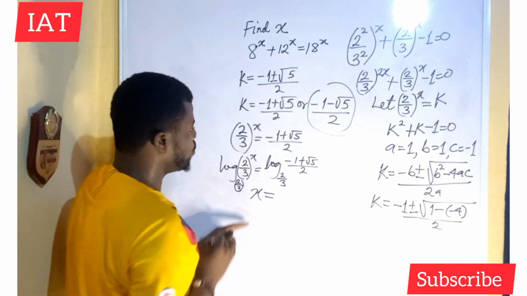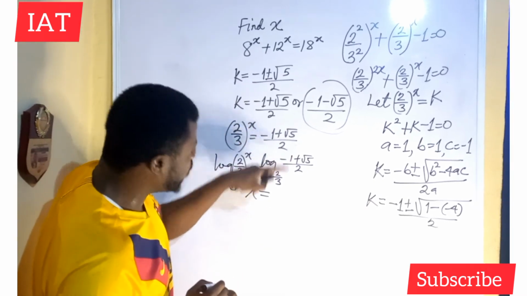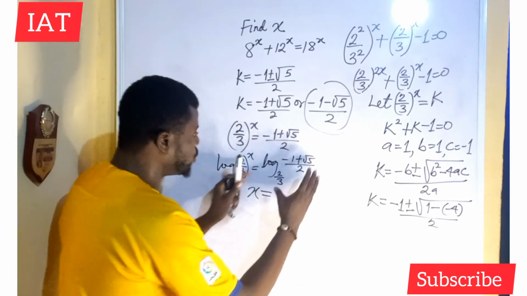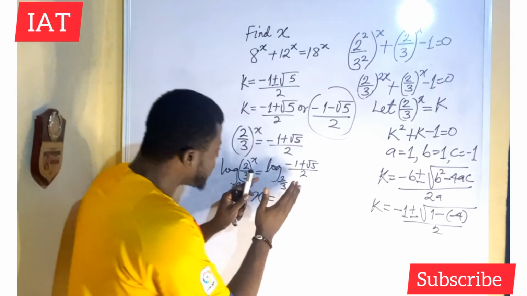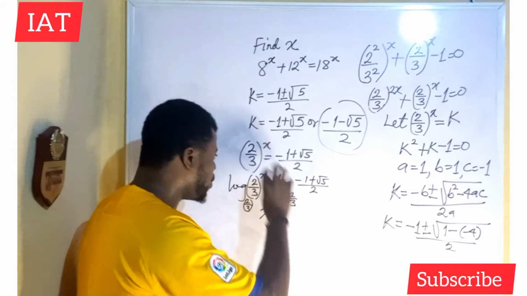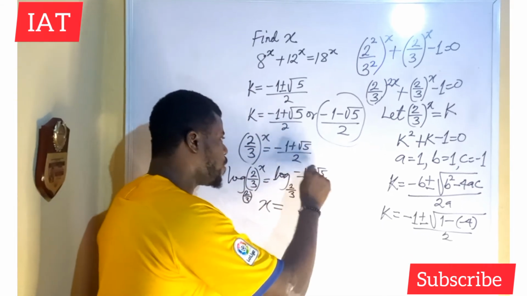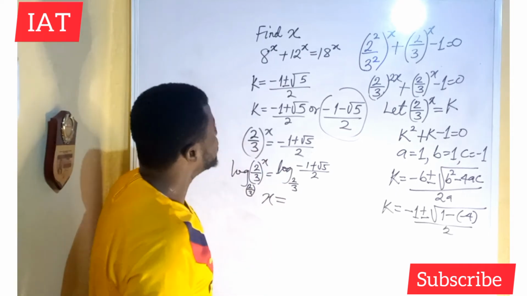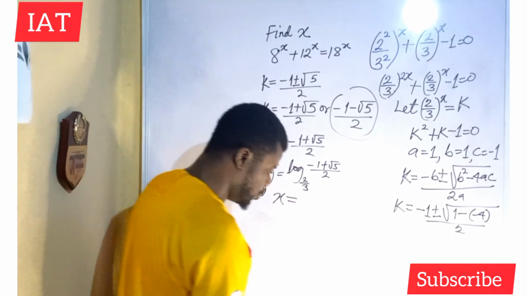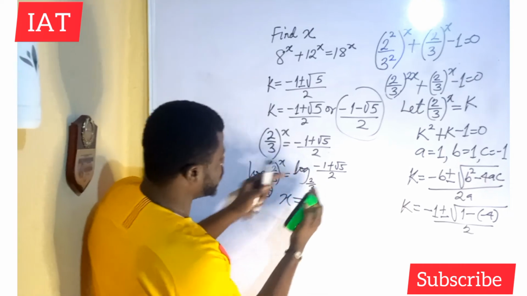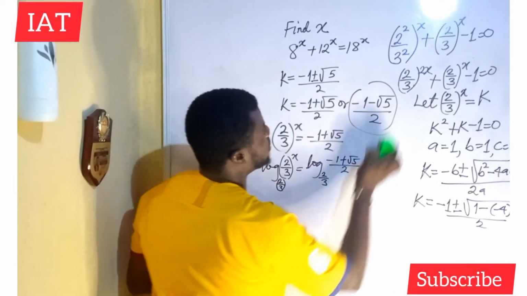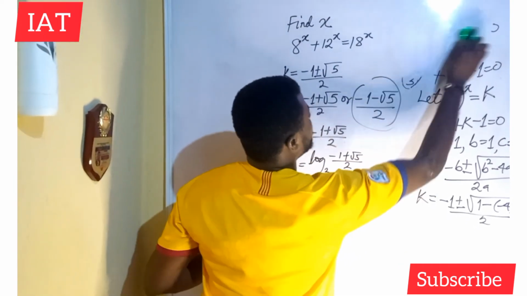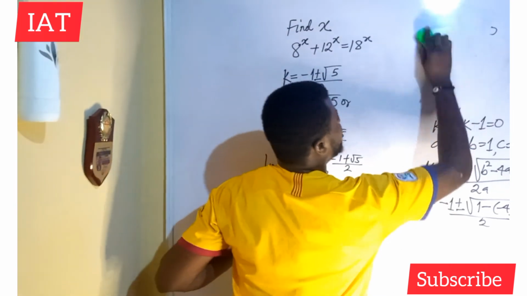X will be equal to, how do we work on this on the calculator? You can't punch this on the calculator. So how do we rearrange it so that we can punch the logarithm of minus 1 plus root 5 over 2 base 2 over 3? It's simple. This is what you need to do. You have to transform this equation to this form.